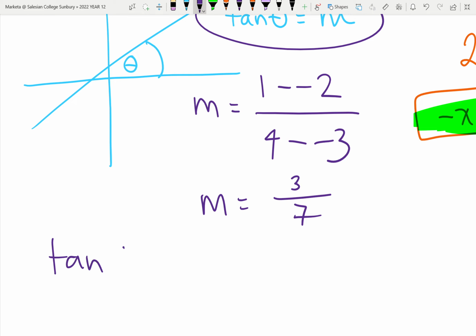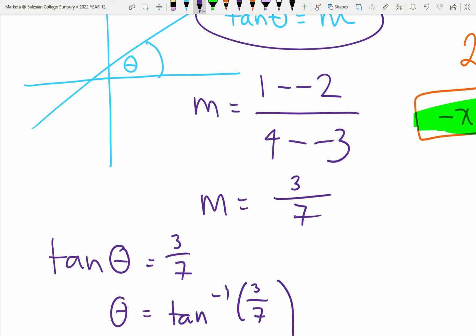So tan theta equals 3/7, and then to solve for theta, it's the inverse. And you just do this on your CAS, so I'm not going to show you a picture of it. I think really you have done that probably since year 9. So this is in trig, and then it's just that inverse.